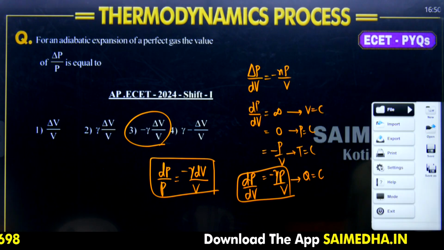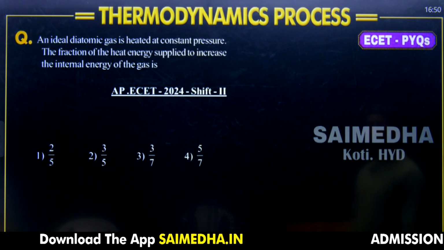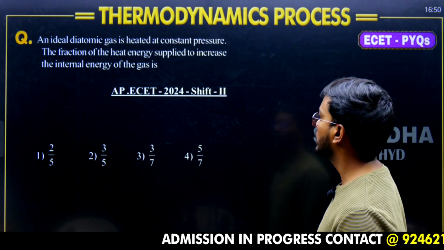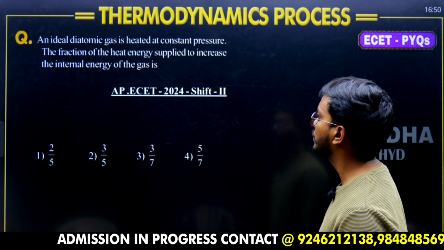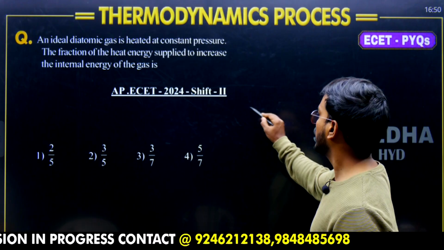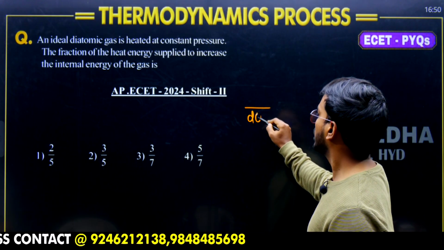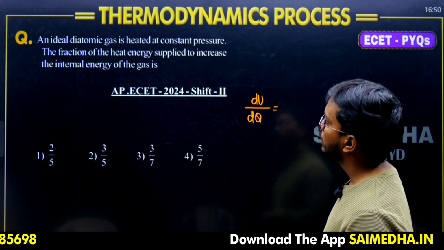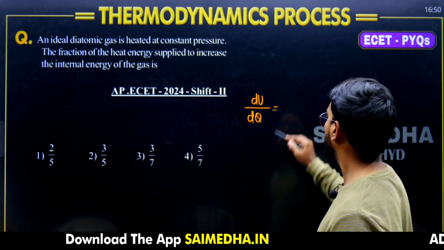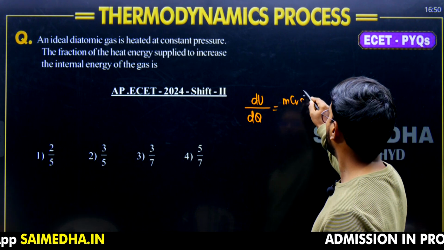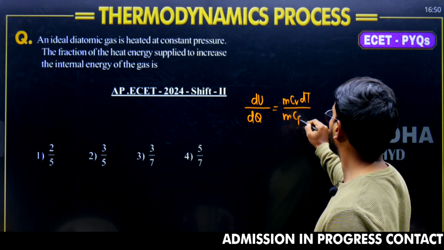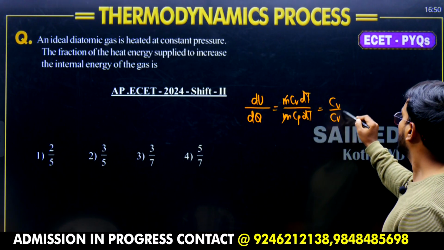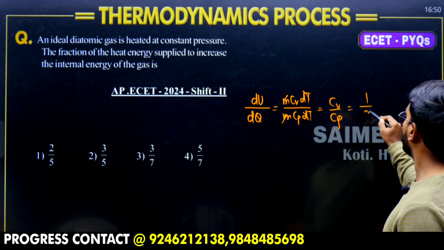Moving on to question number 19. An ideal diatomic gas is heated at constant pressure. The fraction of the heat energy supplied to increase the internal energy of the gas. We know the formula for an ideal diatomic gas: at constant volume this is m into Cv into dT, and at constant pressure this is m into Cp into dT. m and dT get cancelled, so Cv by Cp, which is 1 divided by gamma.